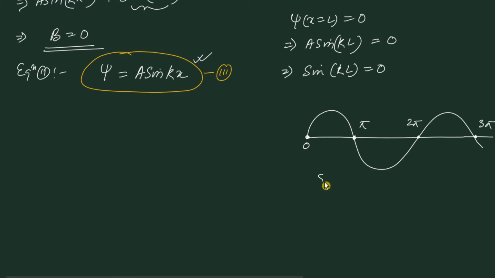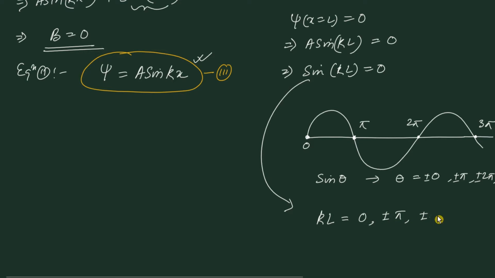So the sine theta condition basically gives us theta is equal to 0, pi, twice pi, and so on, also on the negative axis, so I can say plus minus. So this condition tells us that kL is equal to either 0 or plus minus pi, or plus minus twice pi, or plus minus thrice pi, and so on.